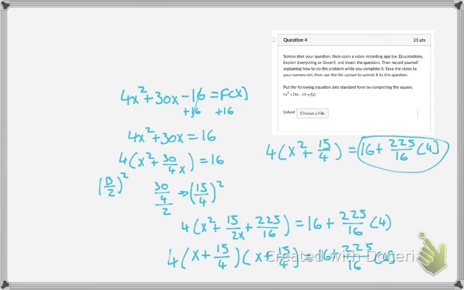So 4 times (x plus 15 over 4) squared equals 225 over 16 times 4, plus 16.